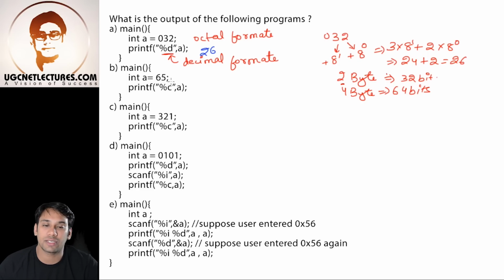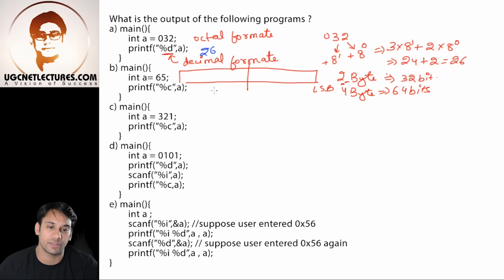How is this integer number a represented in binary format? By using 2 bytes. So we have these 2 bytes. This is the first byte, and this is the second byte. Let us suppose this is the LSB and this is the MSB. So this 65 is represented as 1, 0, 0, 0, 0, 0, 1.